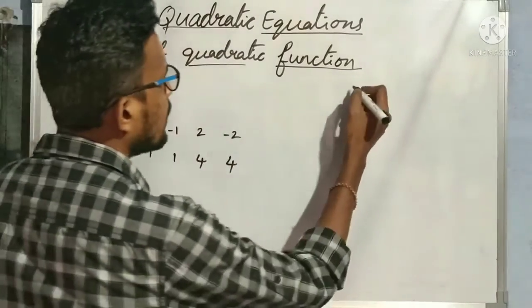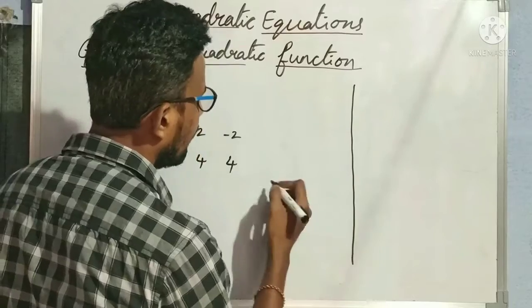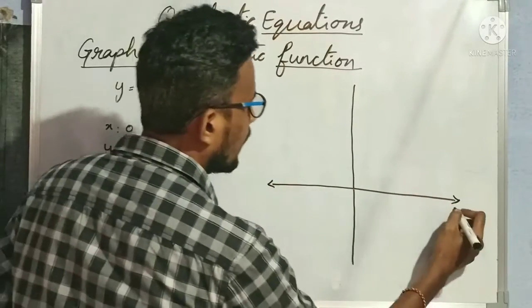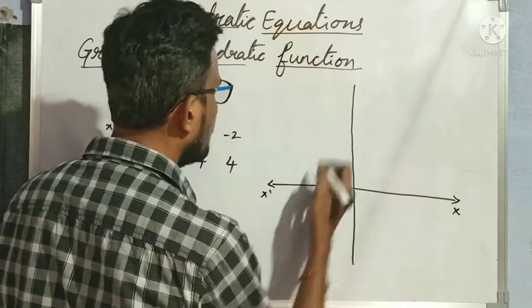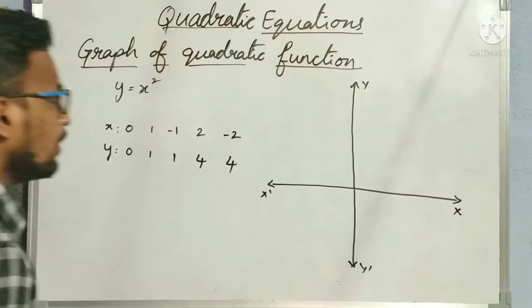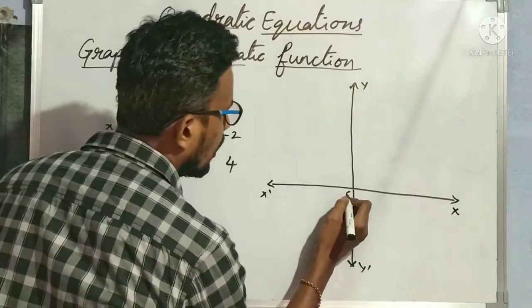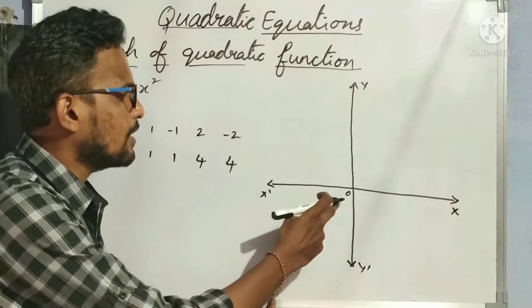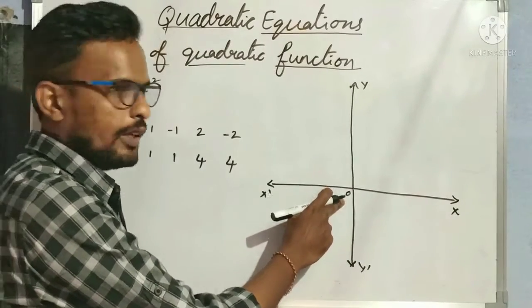Okay? So now let us plot the graph of y is equal to x square. Already you know that we have to take x axis and y axis, right? X dash, y dash, right? And here this is our origin 0 0. The point of intersection of x axis and y axis together becomes the origin, right?